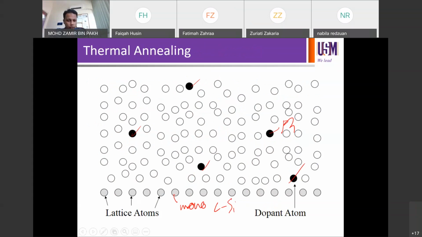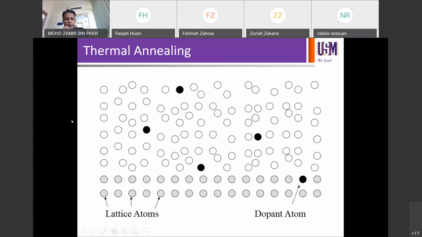So let's look at the evolution of the lattice, the moment you supply a high temperature process by annealing. So say if you run this process at 900, 1000, for example, for some time. Assuming it's a 1000 degrees C process, you can see how the lattice defects are being perfected over time.